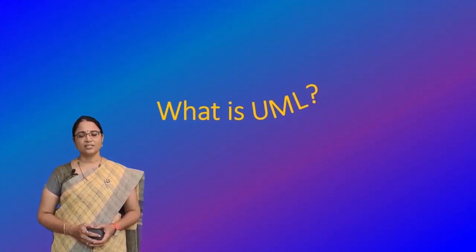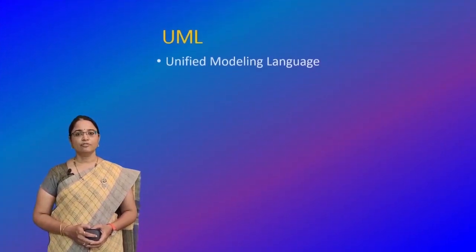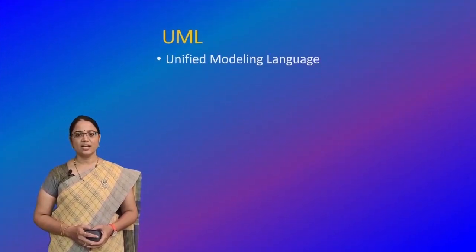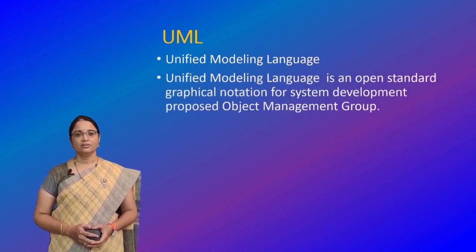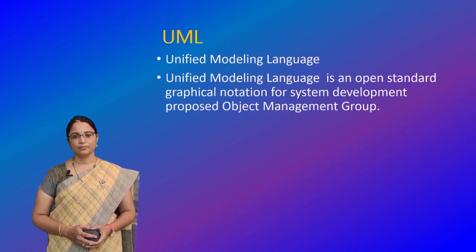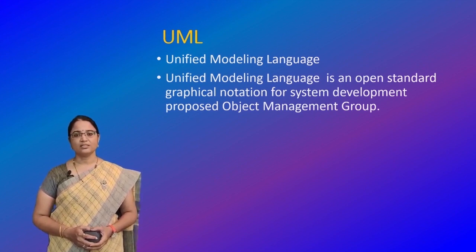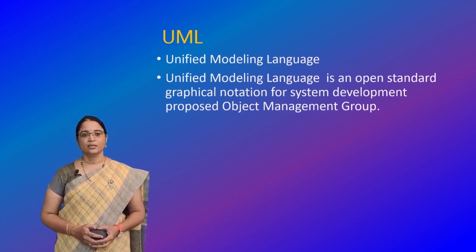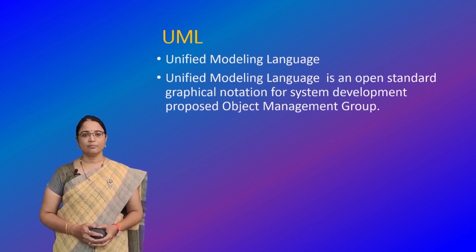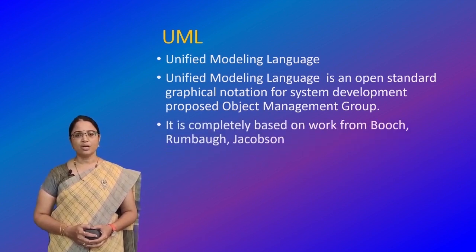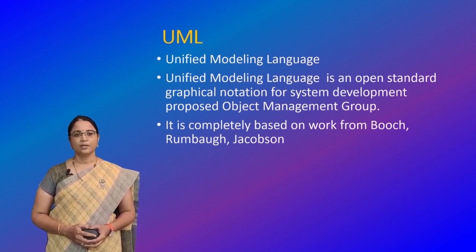The name says it all. UML stands for Unified Modeling Language. Unified Modeling Language is an open standard graphical notation for system development proposed by Object Management Group. Object Management Group is a consortium of software companies. The notation is based on work from Grady Booch, James Rumbaugh, and Ivar Jacobson.